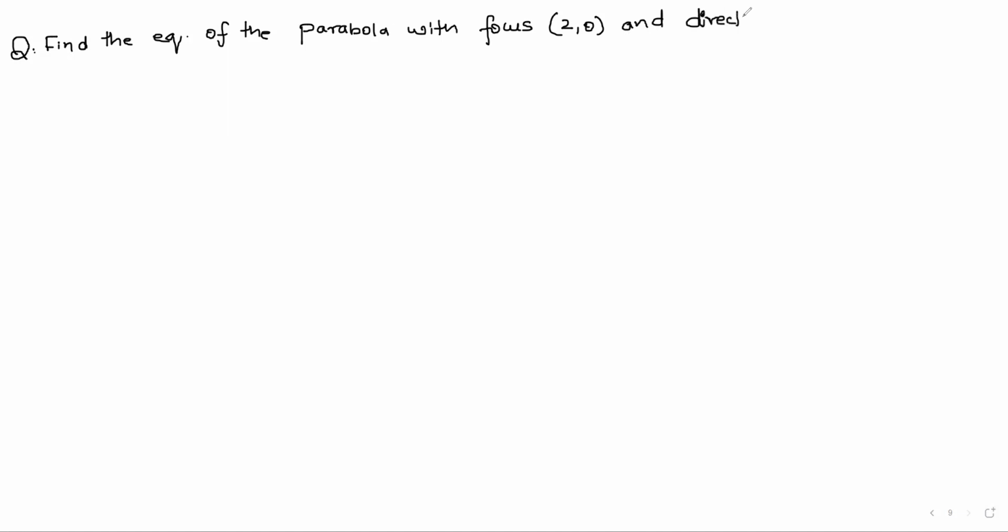Please try this question. Find the equation of the parabola with focus 2, 0 and directrix x is equal to -2. Find the equation of the parabola with this focus and directrix x is equal to -2.